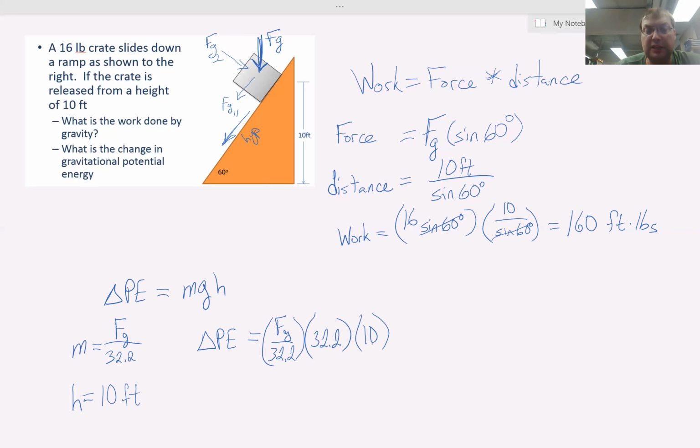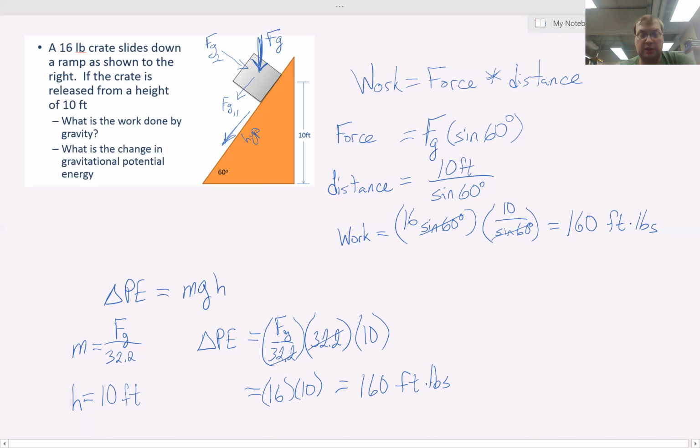Now our FG again is 16 pounds of force. The 32.2s cancel out, and we get 16 multiplied by 10, and again we find 160 foot-pounds as far as change in energy.